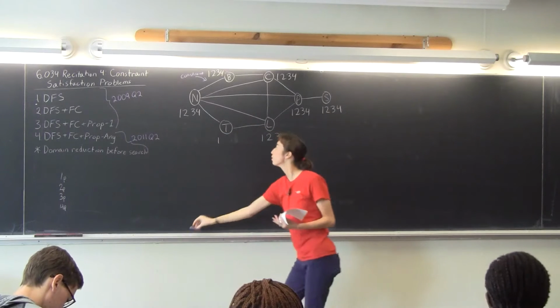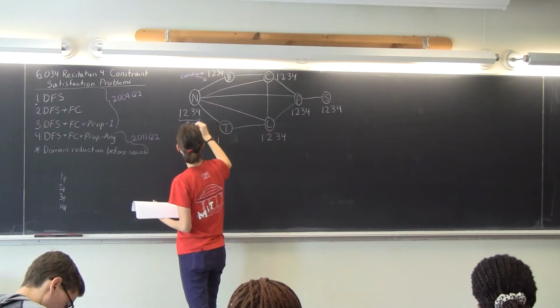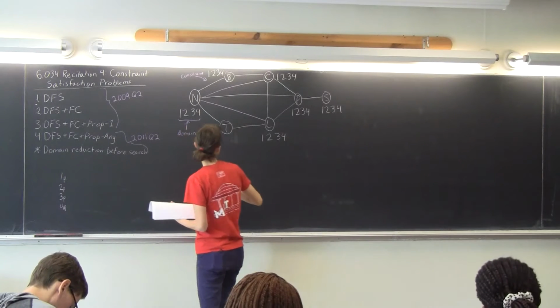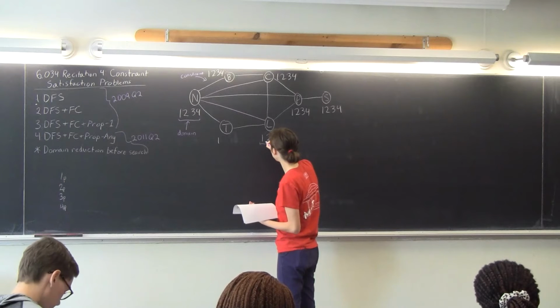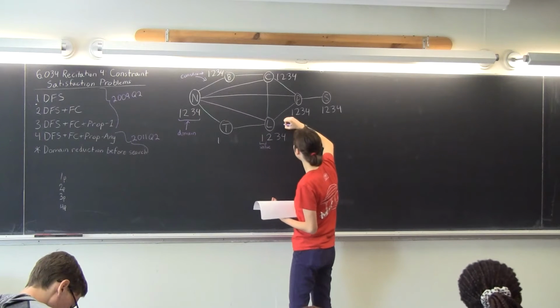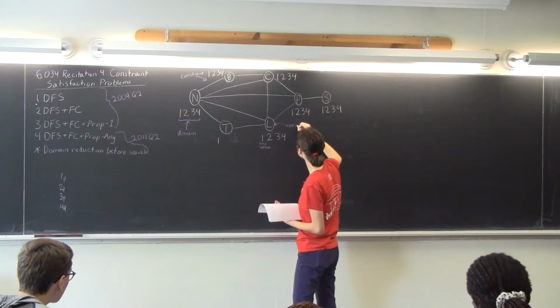So some terms that we just got are, this thing is a domain. Each of these numbers is a value. And these letters are variables.